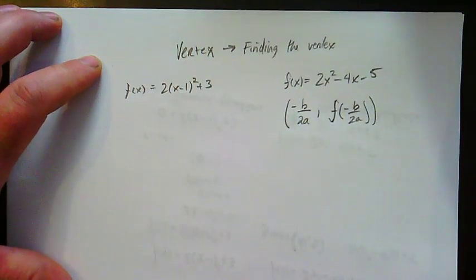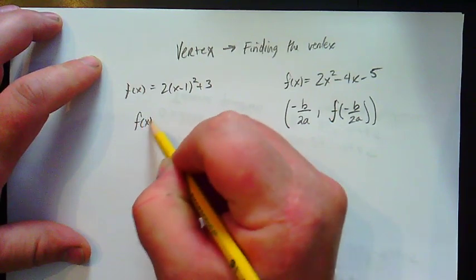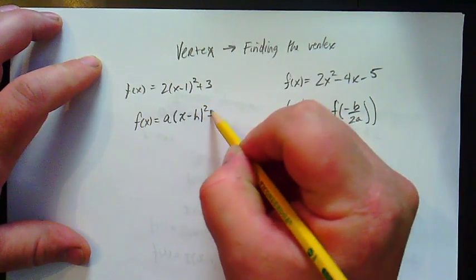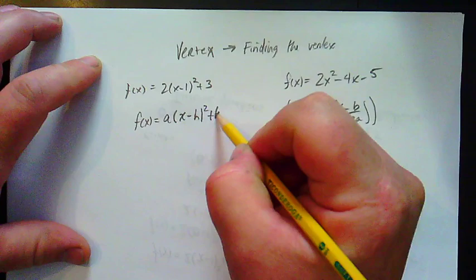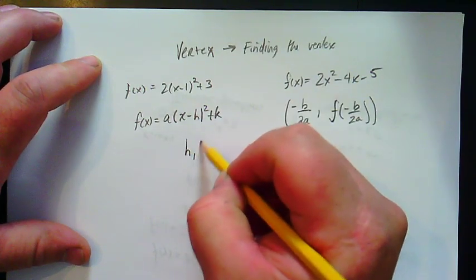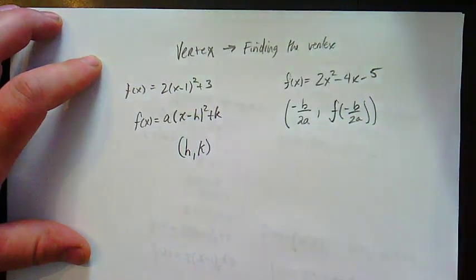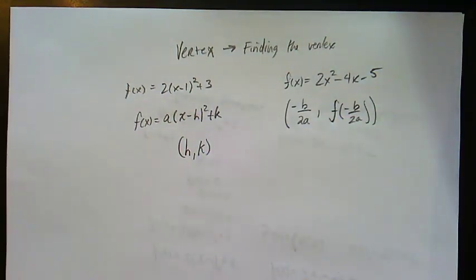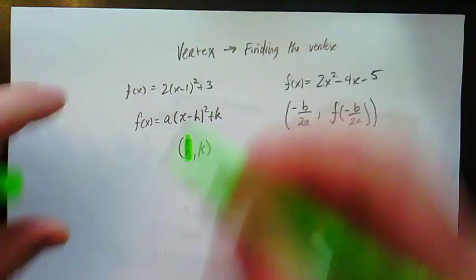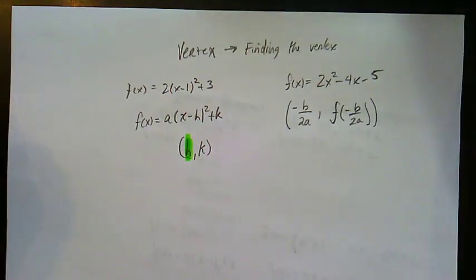Whereas here, the vertex is super, super easy. So check this out. Here's the generic vertex form. The vertex is going to be (h, k). The only thing that's tricky about this is this h number. It's going to be the opposite sign of what you see.